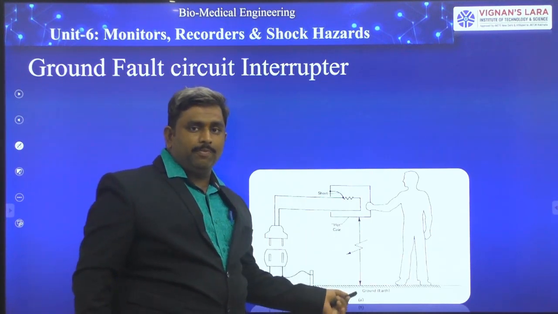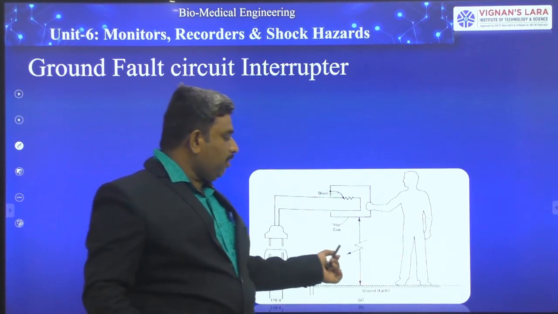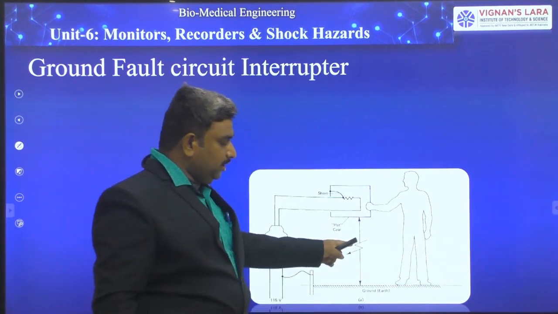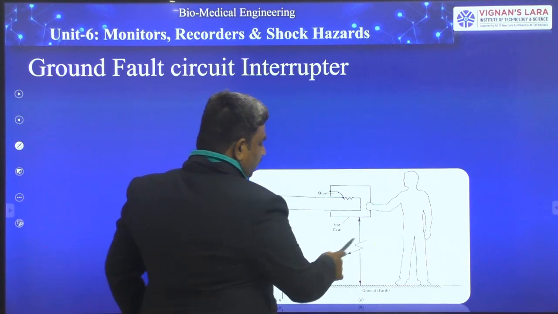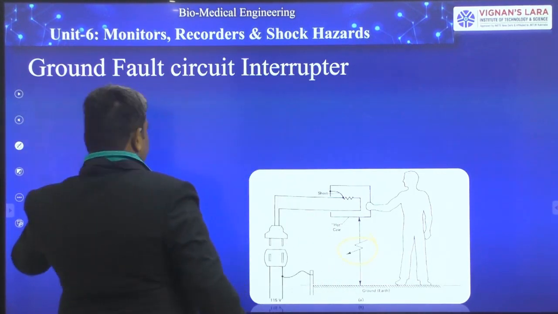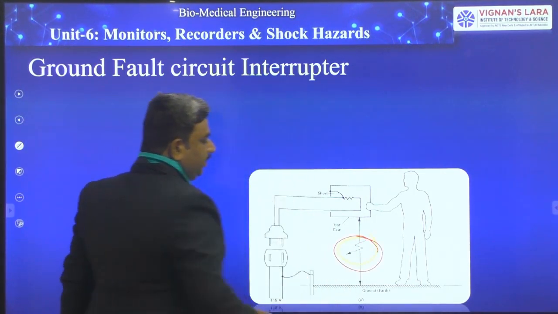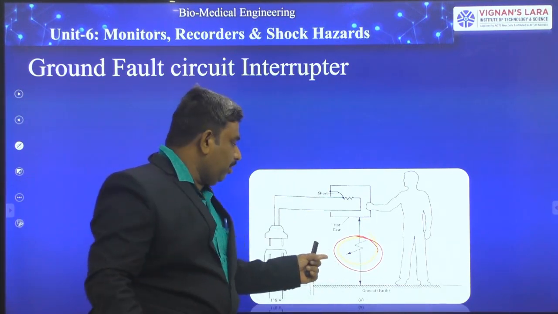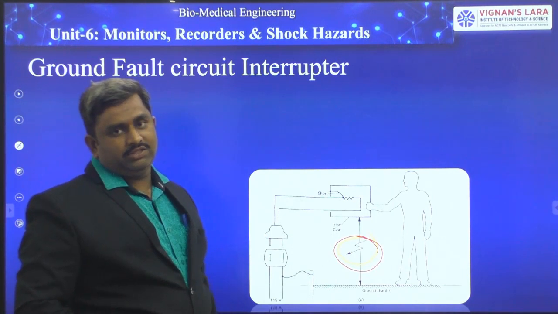In this situation, the proper grounding is not there. Here we have a ground wire, but it is broken unexpectedly. We provided a ground connection from the box to the ground, but the connection is broken.